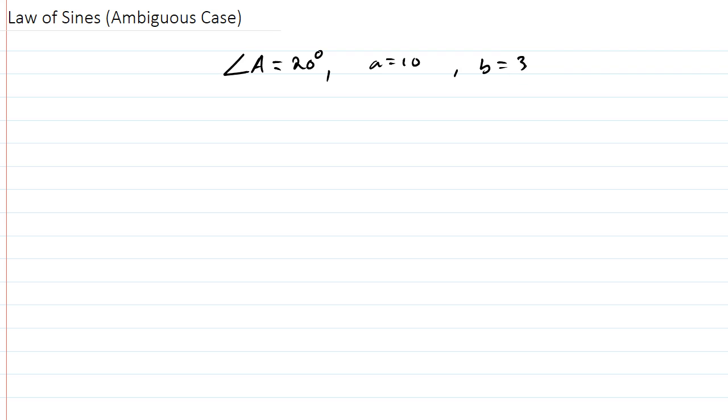Alright, so I can draw this. Actually, there are two different triangles. Let's say that this is 10 here, and this represents my angle of 20 degrees. Now, if you imagine that you had kind of a trap door here that could swing back and forth like this, you could have a triangle where the side of length 3 meets up with this dotted line right there.